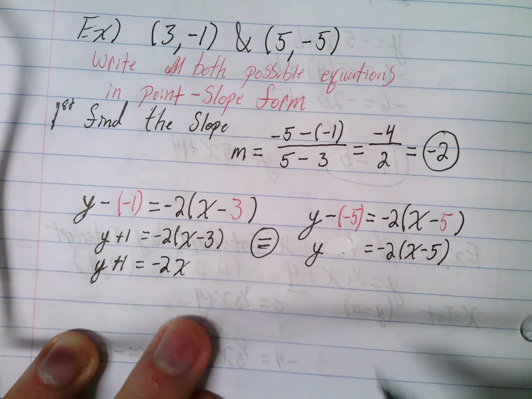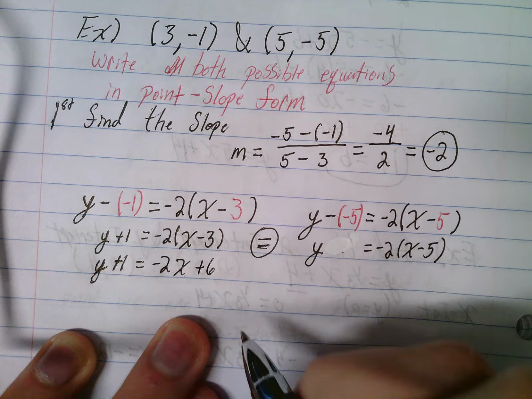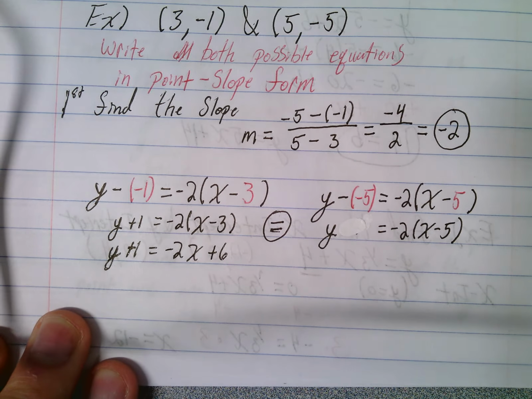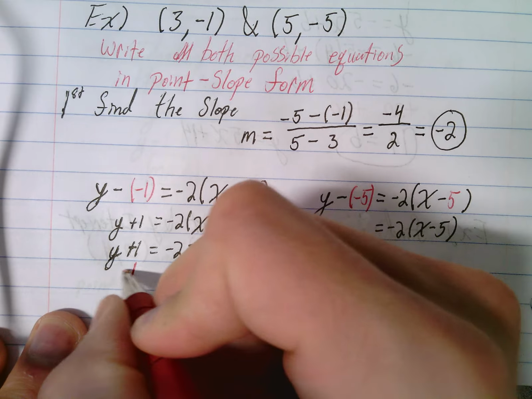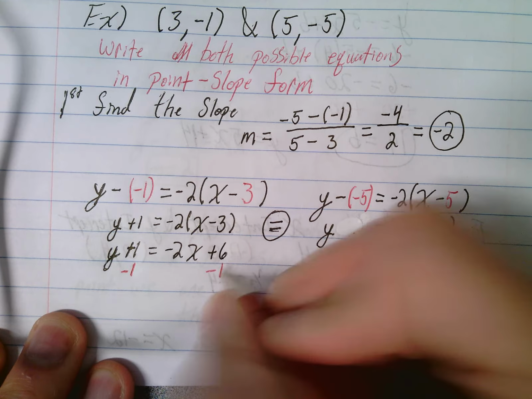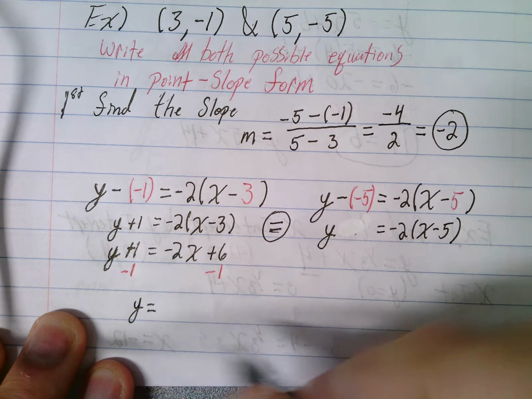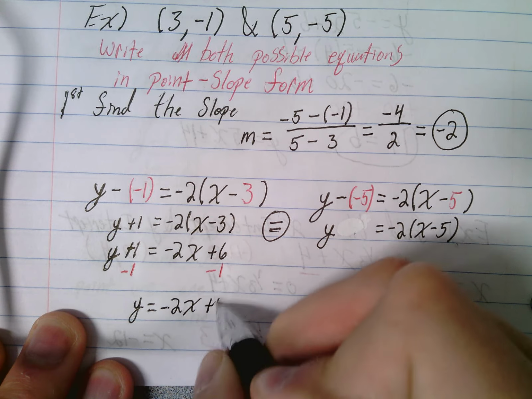What's -2 times -3? +6. How do I get rid of this plus 1? Subtract it. And we get y is equal to -2x plus 5.